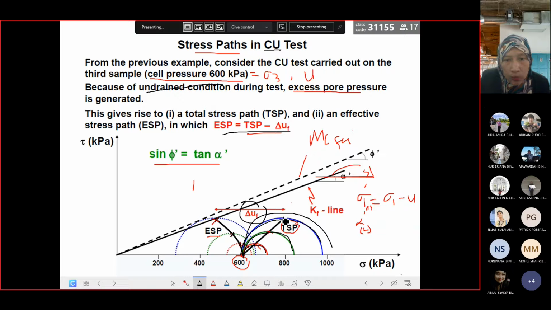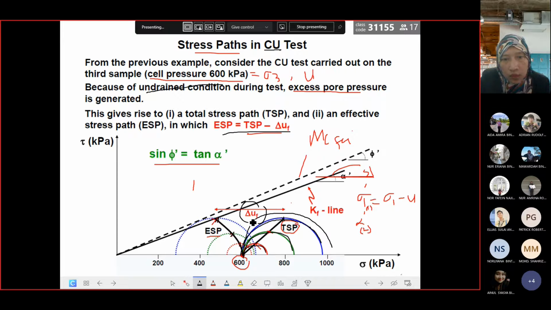Maknanya kat sini you dapat point kat sini, you tolak dengan delta UF, you akan dapat this is the number ESP. And then when you connect all points from 1, 2, 3, red, green, blue, you sambungkan titik tu, you akan dapat satu lengkung garis lurus, backward lah. So this one is a forward, here is the backward.